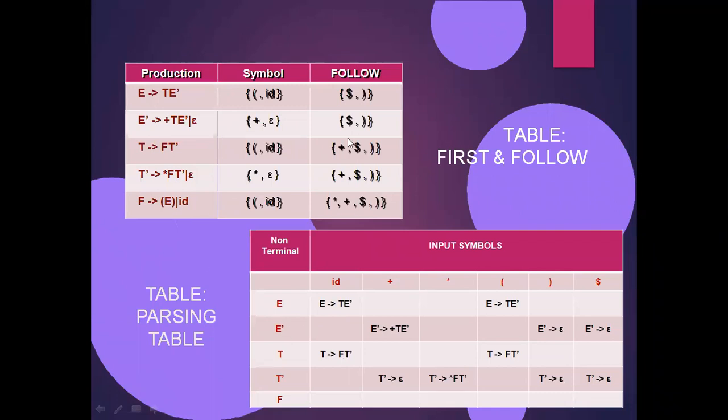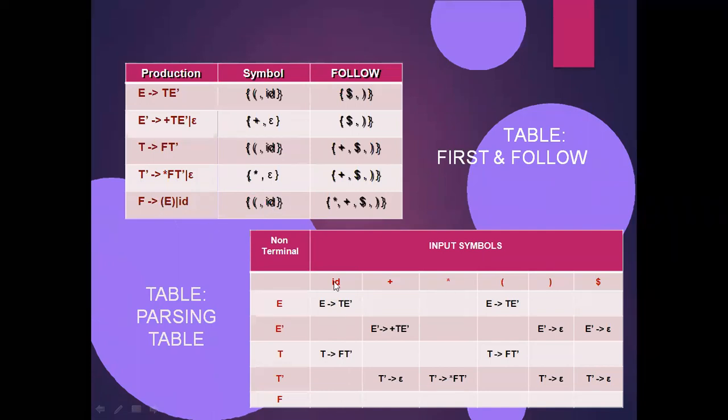And coming to F, we are not considering the follow of F, right? Only the first function we are considering: open parenthesis, id. For the open parenthesis, F has an individual rule, and for the id, F has an individual rule. So F defines two rules, right? So for id, F tends to id.